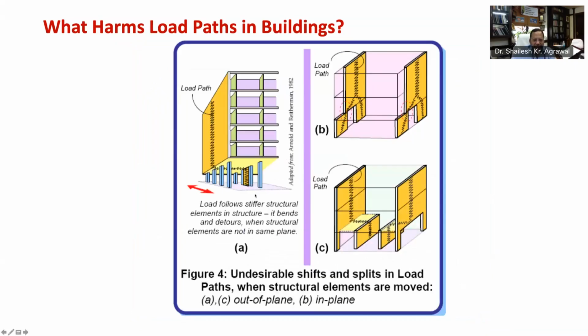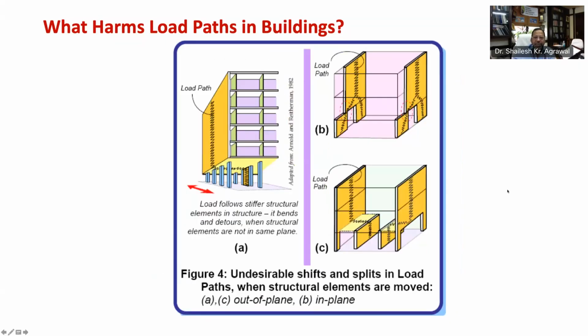Figure 4A shows discontinuity in the lower story. Figure 4B shows the discontinuity in the same plane, whereas figure 4C shows discontinuity out of plane. These situations lead to abrupt change in the load path, as you see through these figures, and buildings with such wall configurations perform poorly in earthquakes and hence are to be avoided.